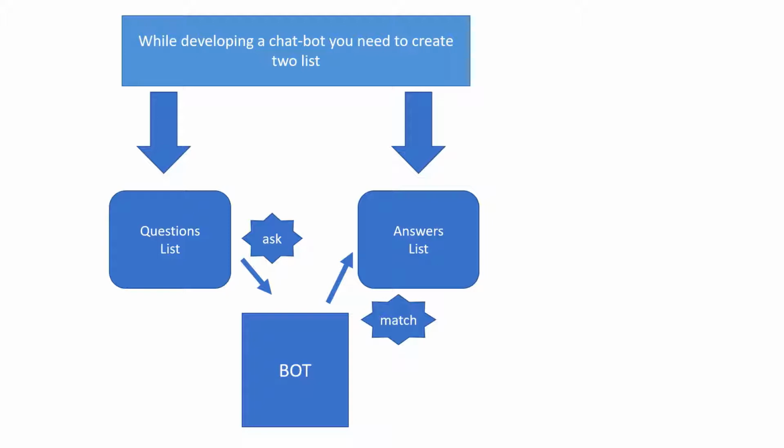If it gets the answer from the list, it simply gives feedback to the user: this is the answer to your question.